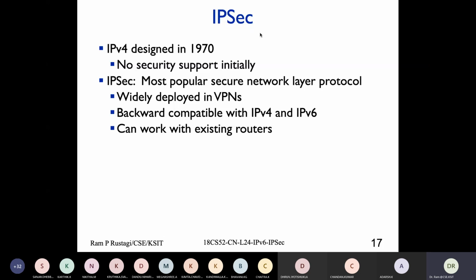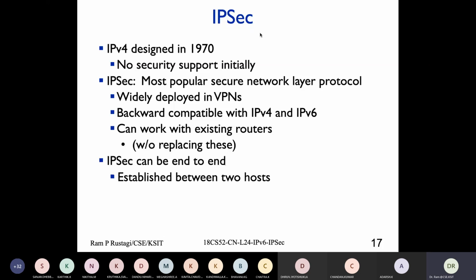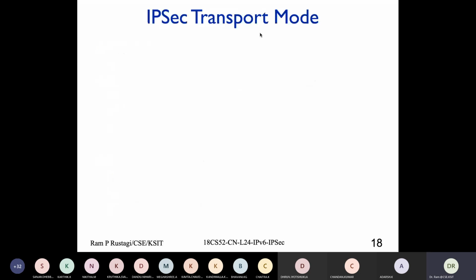That's the kind of security IPv6 provides. It is end-to-end between two hosts, and the requirement is that no intermediate routers need to understand IPsec. Once a tunnel is set up, this IPsec tunnel requires a handshake.